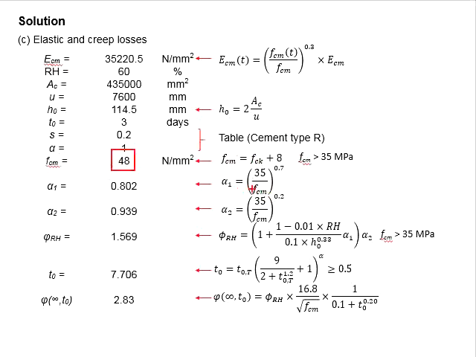Substitute fcm into the equations here, you get alpha 1 and alpha 2. Then you are able to obtain the phi RH, which equals 1.569.